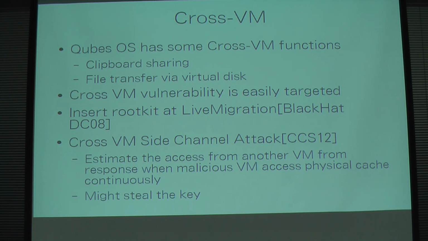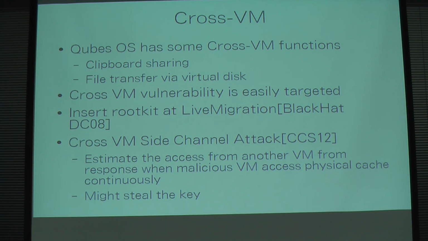And cross-VMs easily have some vulnerabilities and are easily targeted, such as a rootkit inserted at live migration and cross-VM side channel attacks. These attacks are epic exploits, and we can hardly prevent them.